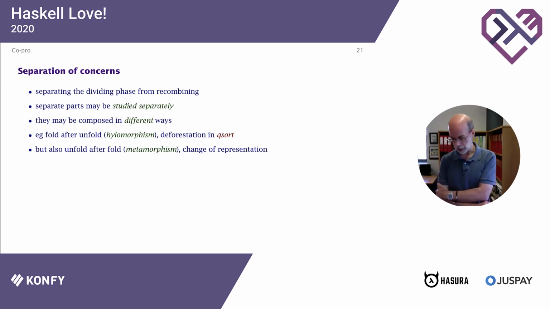It's what computer science is all about in some sense. It's what science is all about in some sense. Here we're separating the dividing concern from the recombining, the reassembling concern. Separating means you can study the two parts separately, of course, and then you can put them together in different ways.